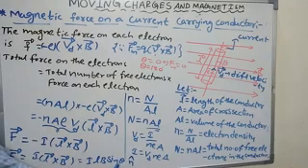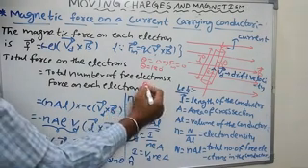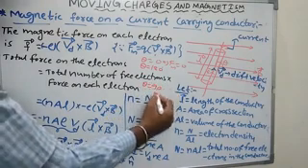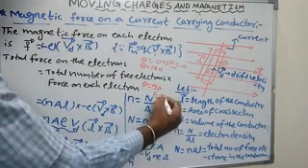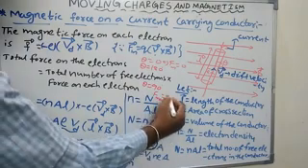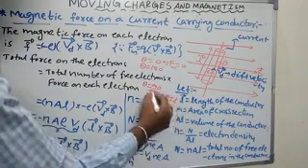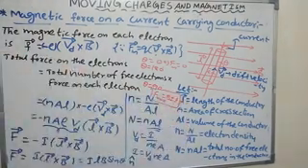Then in which case is it maximum? Theta how much, students? At what angle between the velocity of the charged particle and the magnetic field is the force experienced by the charged particle in a uniform magnetic field maximum? Theta 90, correct? Then Fm is equal to QVB. So if theta is equal to 90 degrees, the maximum force acting on a current carrying conductor is BIL. Remember, in simplified manner, BIL.